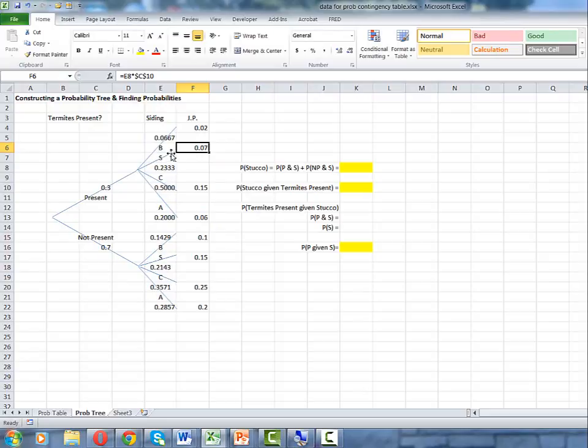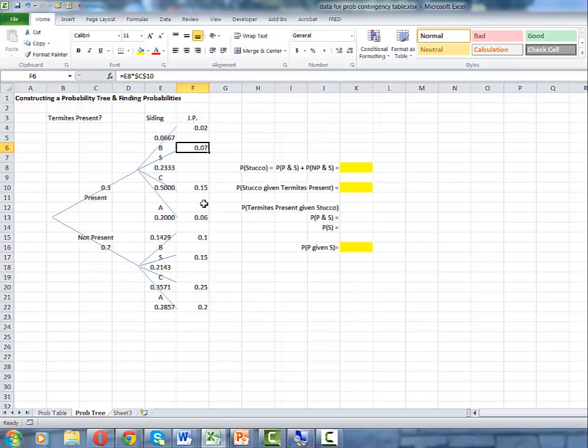Now these may not change because you could have independent events, say for example flipping a coin. So true and false, so this would be 0.5 and 0.5, and then I'd have 2 branches coming off here. Well, it'd still be 0.5 and 0.5, so it really doesn't matter, because those are independent events. But it still plays out the same. You would still multiply through to get your joint probabilities.